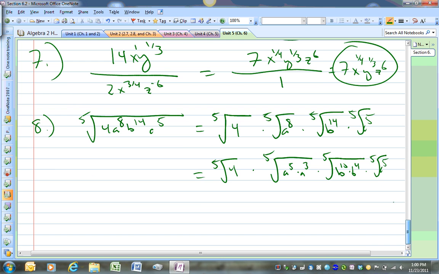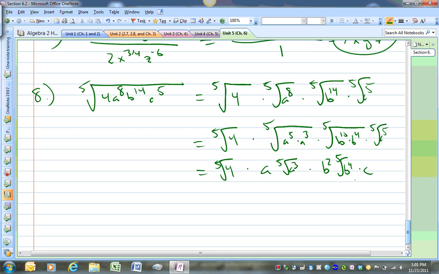So now I can rewrite this as fifth root of 4 times a fifth root of a cubed times b squared fifth root of b to the 4th times c. So basically I pull out an a, b squared, and c, because 5 goes into 8 once, 5 goes into 14 twice, and 5 goes into 5 once. So you have a, b squared, c times the fifth root of 4 a cubed b to the 4th.